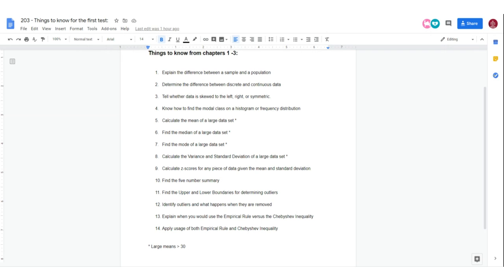Now, the next ones, 5, 6, 7, and 8, have to do with calculating the mean, median, mode, and standard deviation. Well, it says on a large data set. When I say large, it's greater than 30, okay?